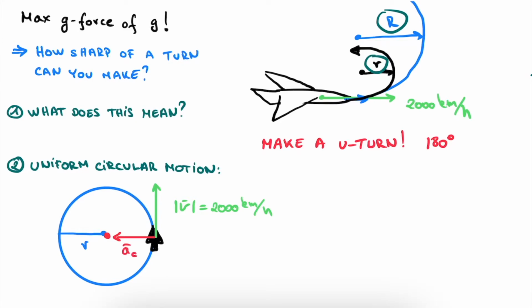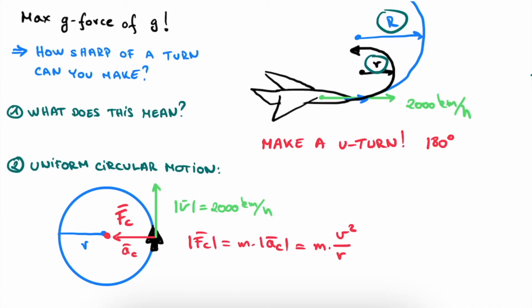And with this a_c comes the centripetal force, of course. And we know that the magnitude of this centripetal force is equal to m multiplied with the magnitude of the centripetal acceleration. And as we have seen in the initial brief overview, we know that the magnitude of the centripetal acceleration is equal to the tangential velocity squared divided by the radius of this circle.